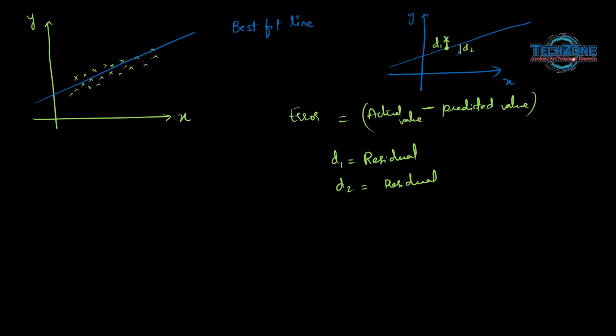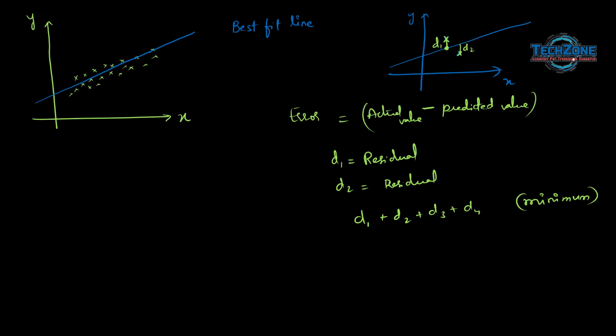Our linear regression model will draw a line in which the sum of all these errors, that is d1, d2, d3, d4, d5 and so on, should be minimum. Now we need to add all these errors, and this should be as small as possible, or as least as possible.